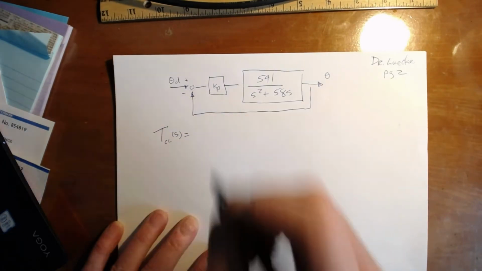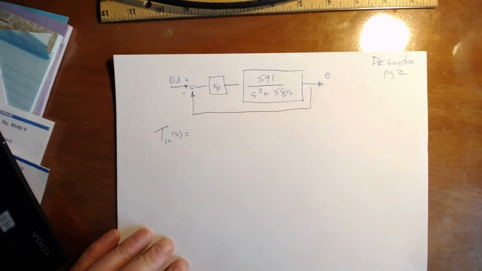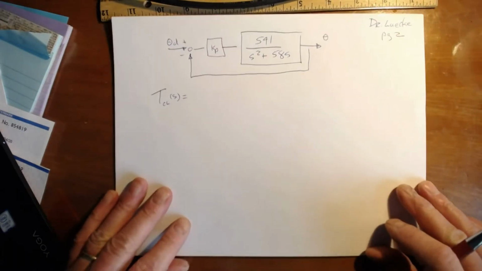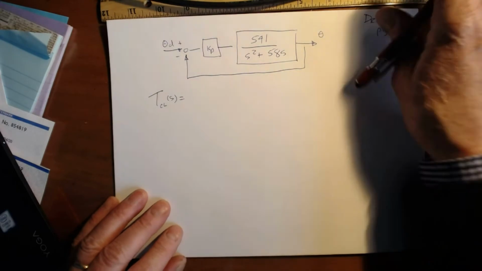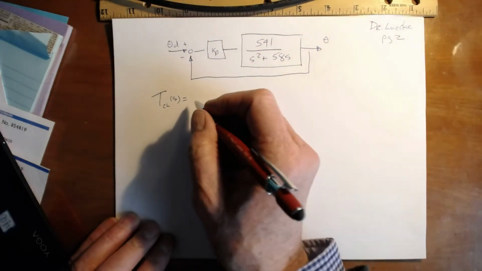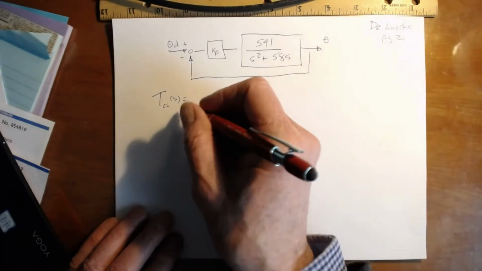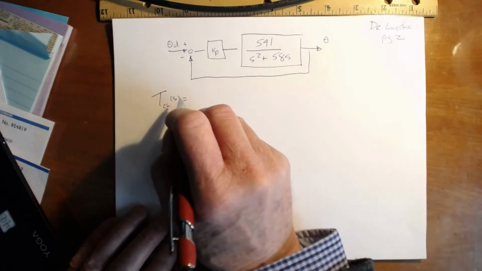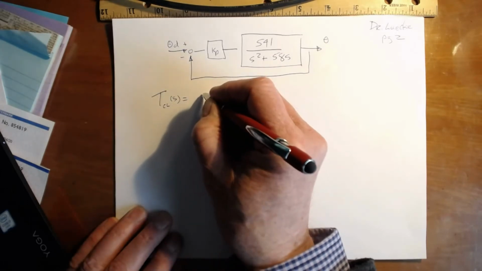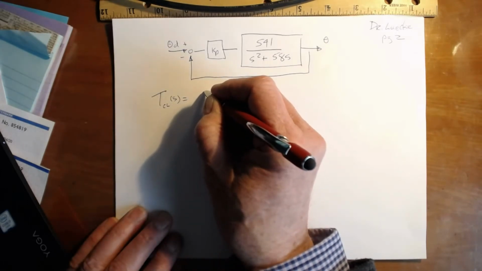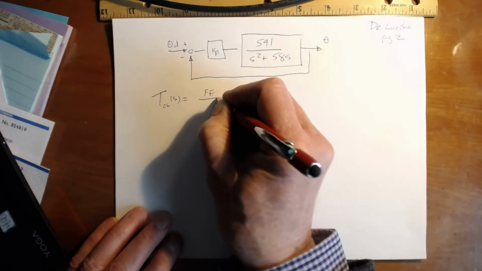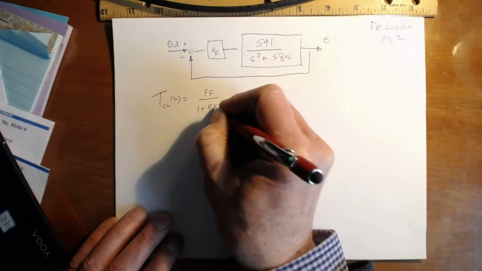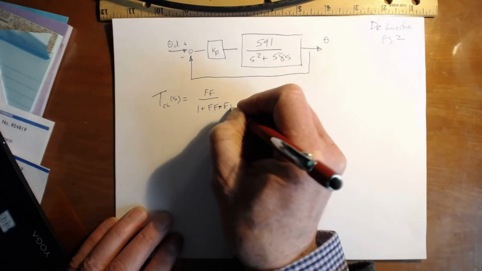So I'm going to show you a little bit of a trick here. So let's see if we can straighten that up a little bit. So it's the feed forward over 1 plus the feed forward times the feedback. Now, what is the feed forward?